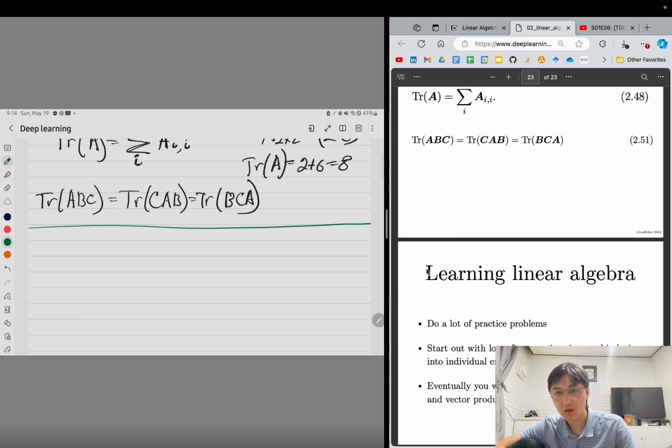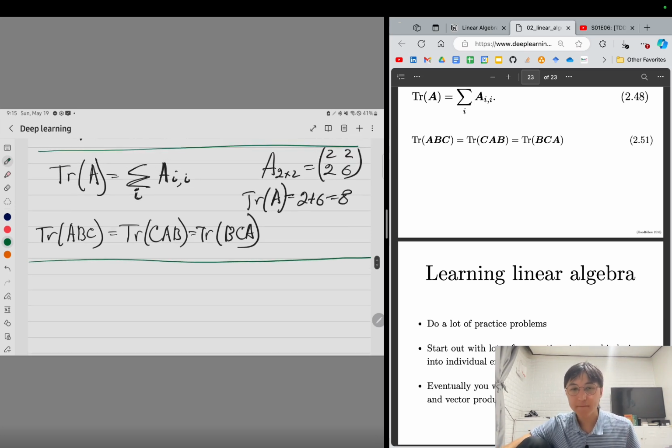Now here, the author of the book recommends doing a lot of practical problems, and starting out with lots of summation signs and indexing into individual entries. Eventually, you will be able to mostly use matrix and vector product notations quickly and easily. So that's about linear algebra quickly.